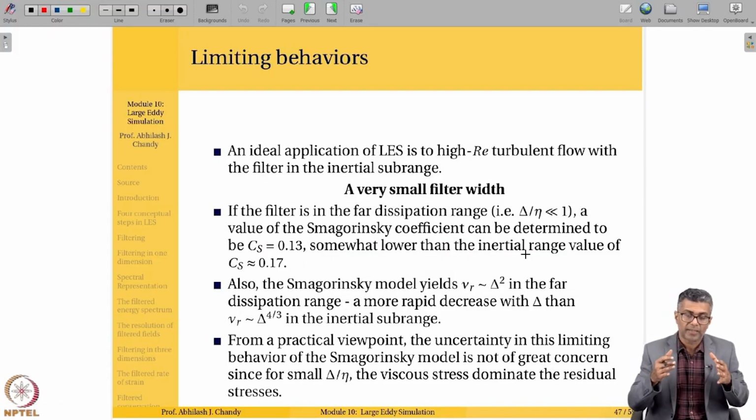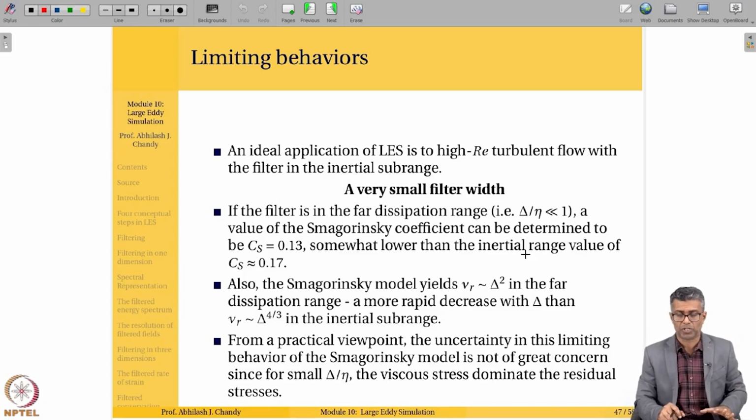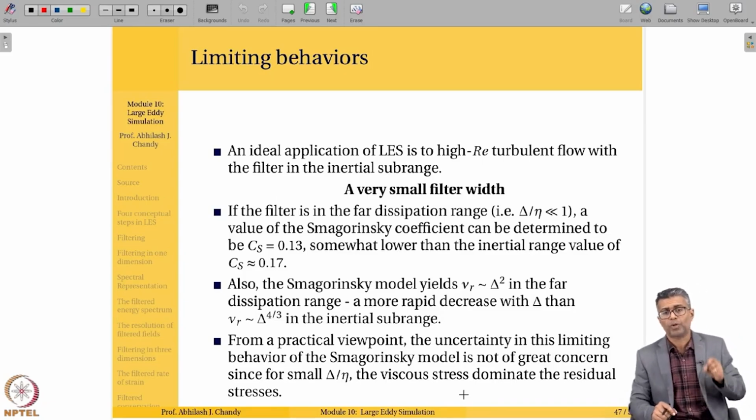Now let's look at the limiting behaviors. An ideal application for LES is to use high Reynolds number turbulent flow with the filter in the inertial subrange. But that is ideally what you want to do. But what happens if you have a very small filter width?